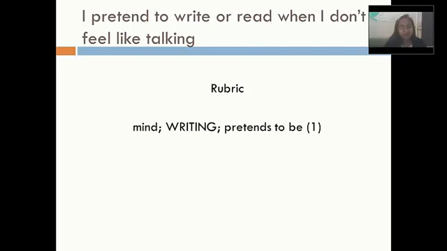I was wondering what to take, avoiding, escaping. So I tried searching directly in the repertory, searching for any rubric from writing. I went there, mind, writing, pretends to be. I got this exact rubric. I didn't know this when I was using the repertory, but I went there and read all the sub rubrics in writing, and I got this rubric, and there was only one remedy in this rubric.